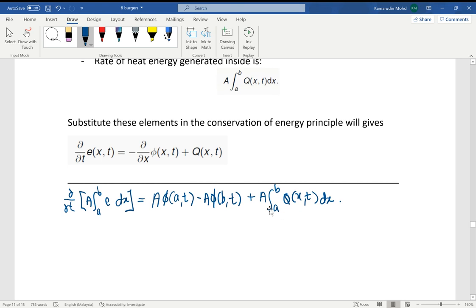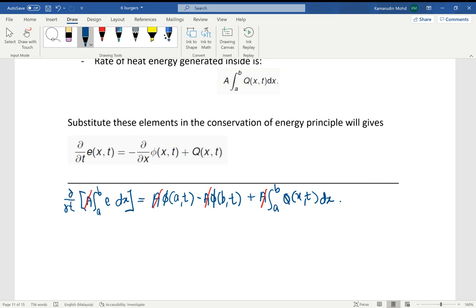After we substitute the terms in the conservation law principle, next we have to standardize the form. As we can see here, the first term and the last term are in the form of integration. The second term, the flux, we will also change in terms of integration. Before that, A here, the cross section, we can eliminate actually. So I will eliminate the A first.